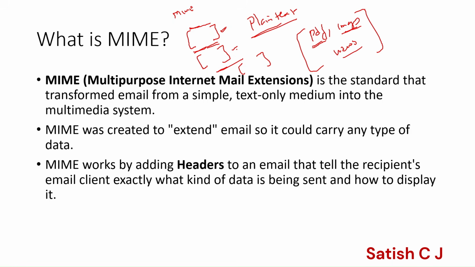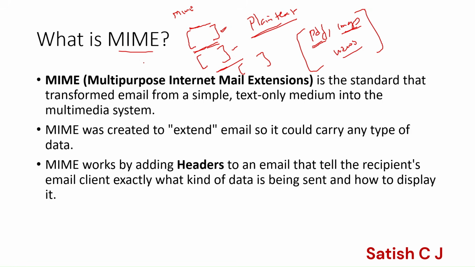And we also have a content encoding, content ID, and other parameters that define the content. So a mail is defined using Multipurpose Internet Mail Extensions. It is a standard which defines the various types of contents and the encoding schemes that come with a mail that is actually not a simple text mail. It's a rich multimedia system.